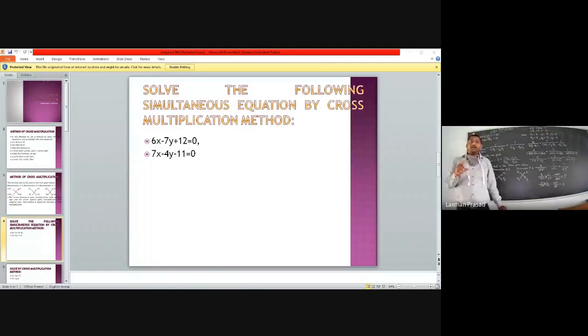See, I already told this thing in my PPT. If the arrow mark is downward, multiply with positive sign. If the arrow is upward, multiply with negative sign.